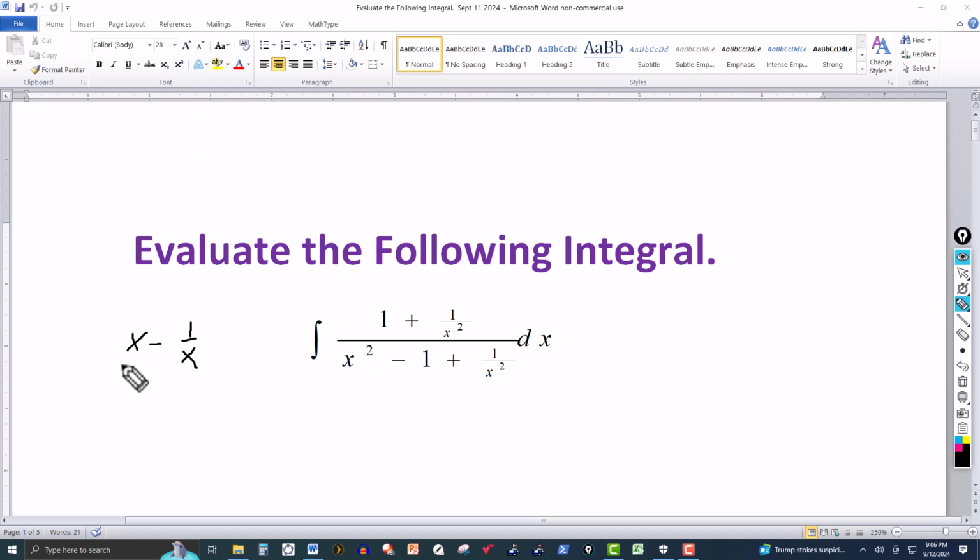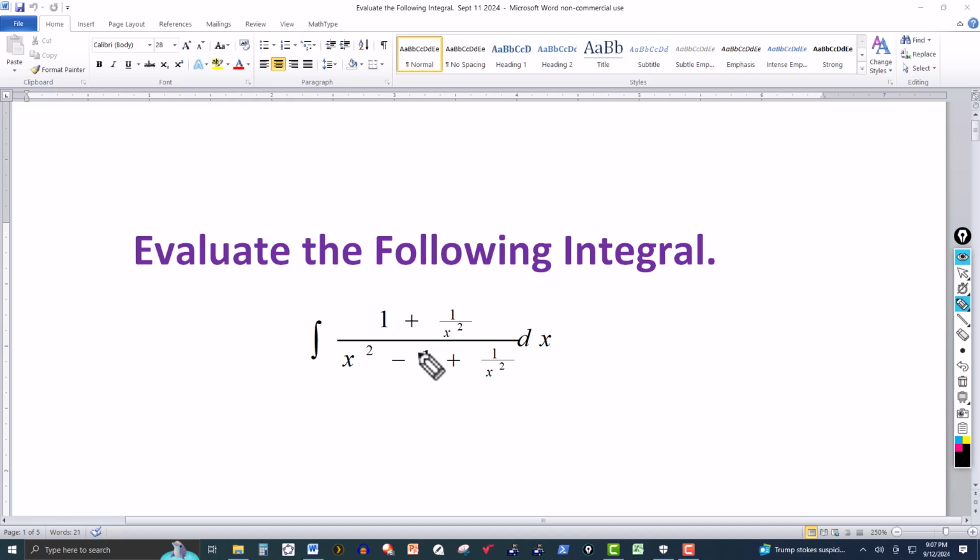That'll make it easier. So notice, if I had an x minus 1 over x, the derivative of x is 1, and the derivative of 1 over x, which is x to the negative 1, gives a minus times minus 1, so a plus, and subtracting 1 from the exponent gives x to the negative 2, which is 1 over x squared. But we don't have that in the denominator. We have this. You start thinking, what can you do?